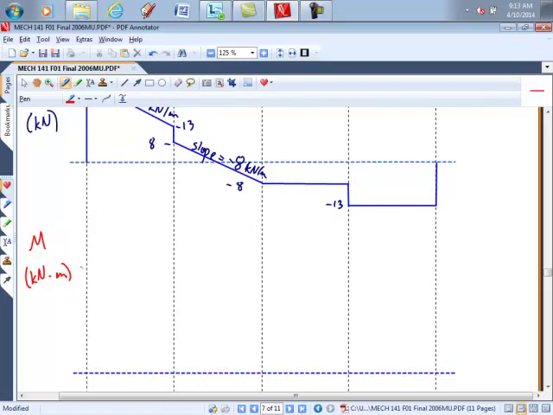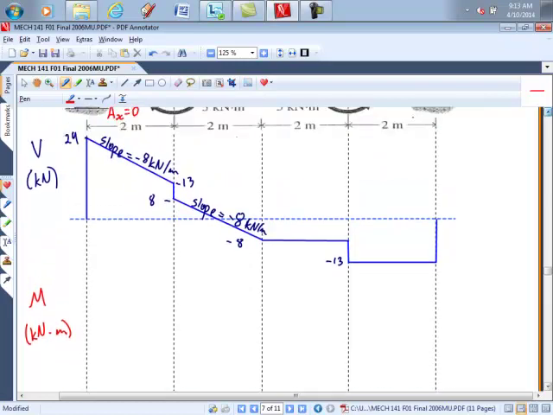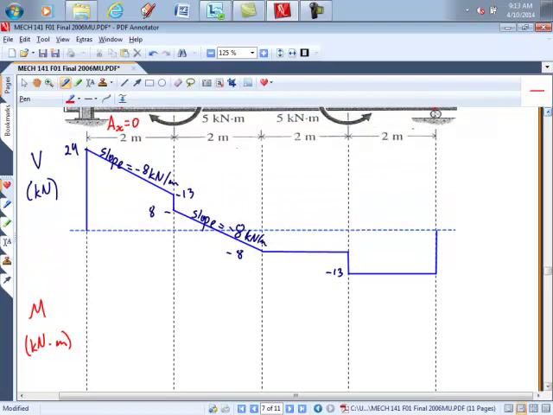How are we going to produce the moment diagram from the shear diagram? It's the area under it. That's right.